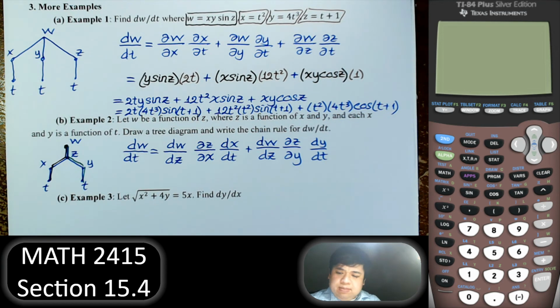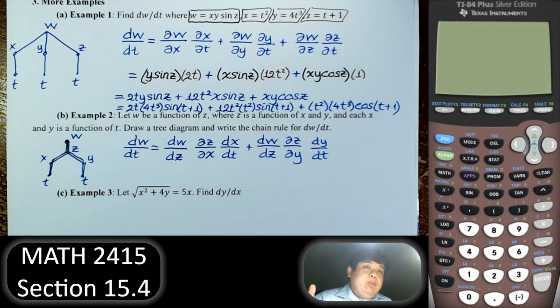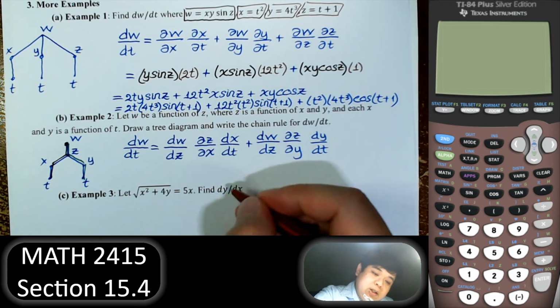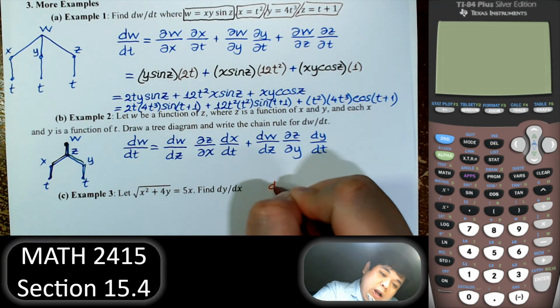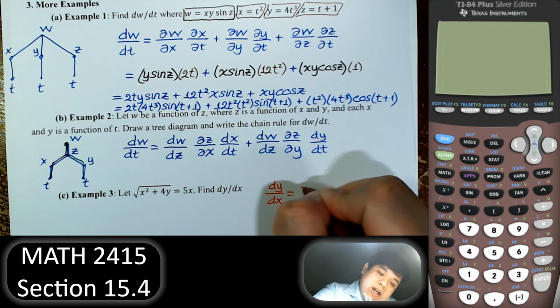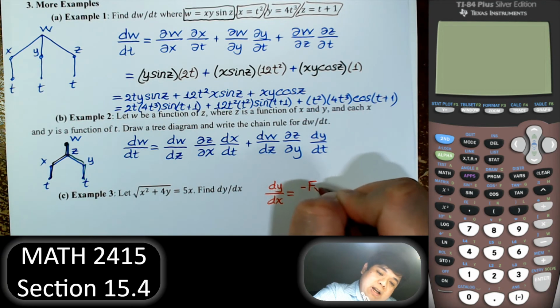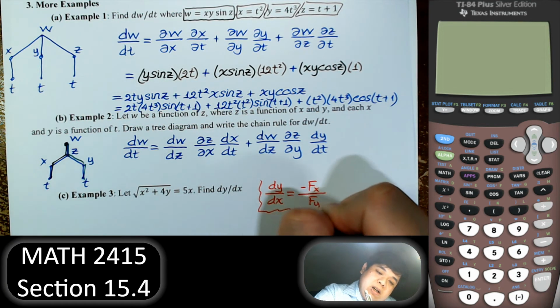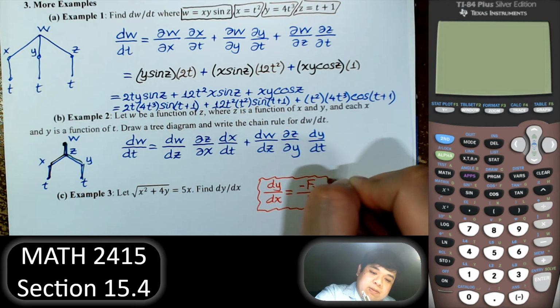So how do we do that? Usually if we have an equation, this is implicit differentiation. So we have dy over dx, which is going to be negative f sub x over f sub y. So that is implicit differentiation.